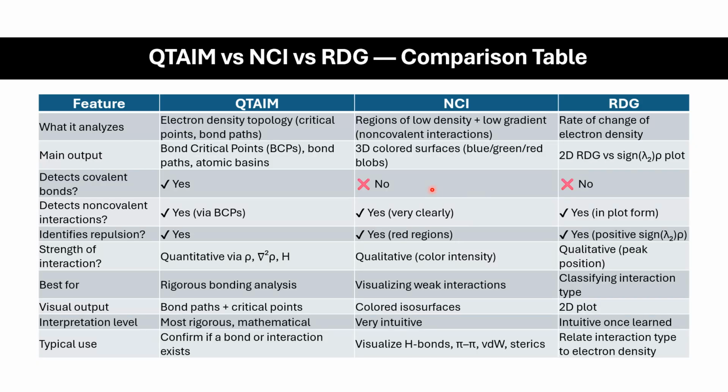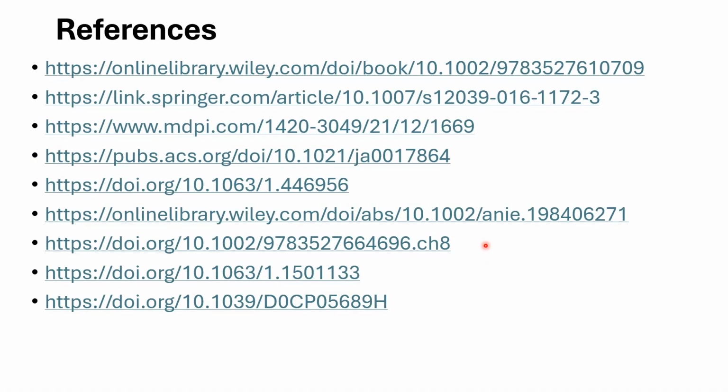I'm not going to describe or discuss this table in detail. It's just for information. You can have a look yourself. So what QTAIM, NCI, and RDG have in common, and what each has as a difference. And then, yeah, here are the references that I have used to find out the values.